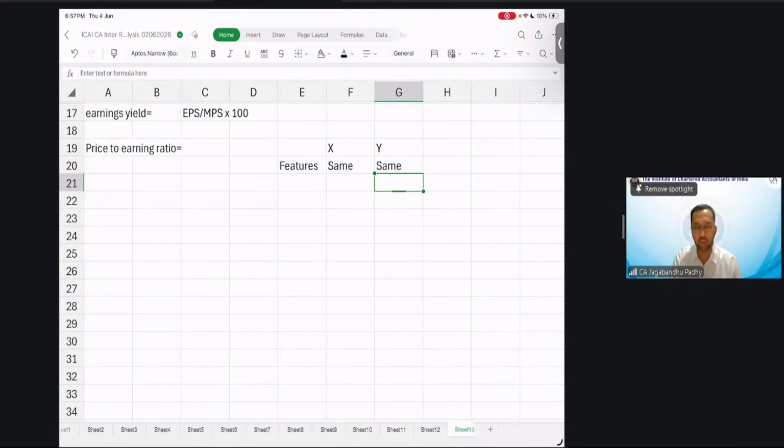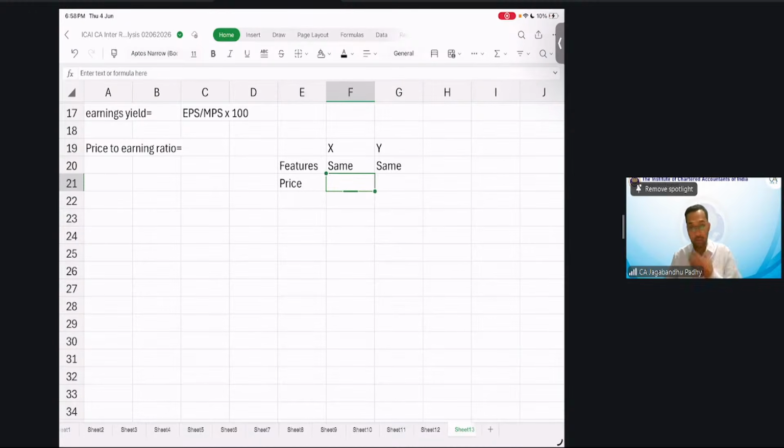For example, let's say we're comparing two phones with the same features. What do you expect the price for those two phones to be? Maybe similar, right?